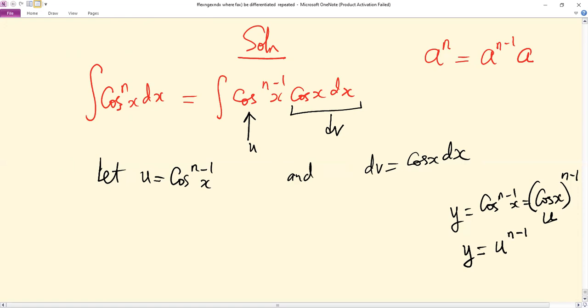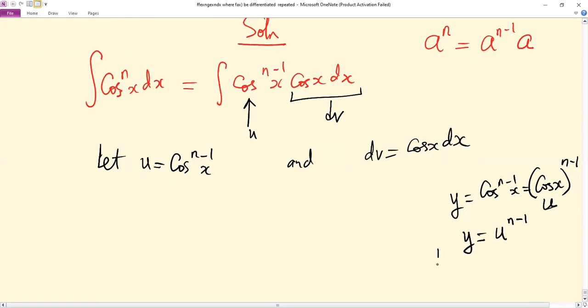So dy dx by the chain rule is dy du times du dx, and dy du by the power rule is n minus 1, you drop the power, and then u raised to the power n minus 2, subtracting 1 from n minus 1, and then du dx, where u is now cos x.